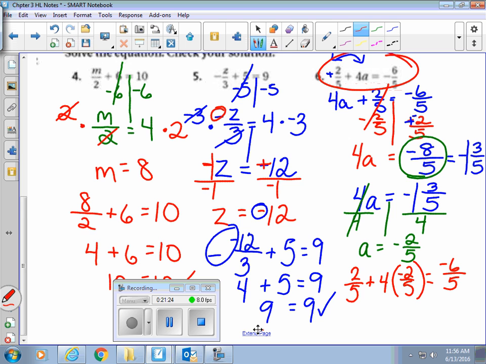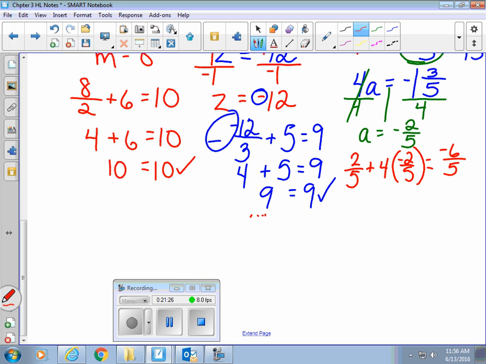Again, we can plug that into the calculator. 4 times negative 2/5 gives me negative 1 3/5. I'm then going to add that negative, and that ends up giving me a negative 1 1/5.